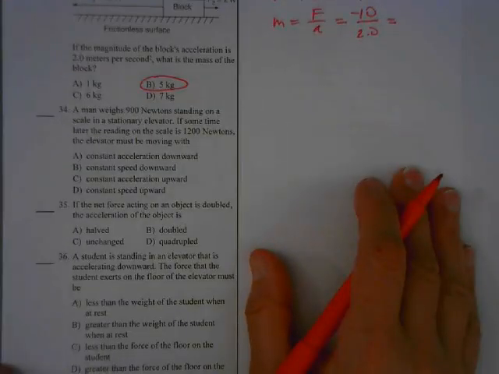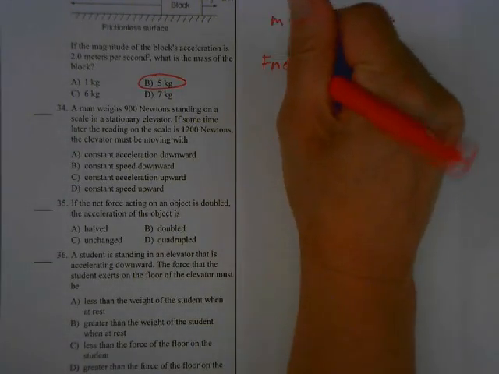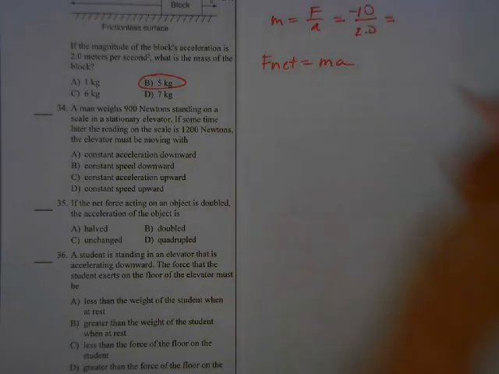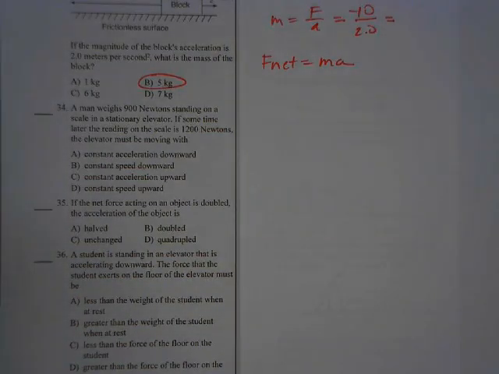Number 34. A man weighs 900 newtons standing on a scale in a stationary elevator. If some time later the reading on the scale is 1200 newtons, so F net is equal to ma. If I had a free body diagram of somebody in an elevator, it shows all the forces acting on him.